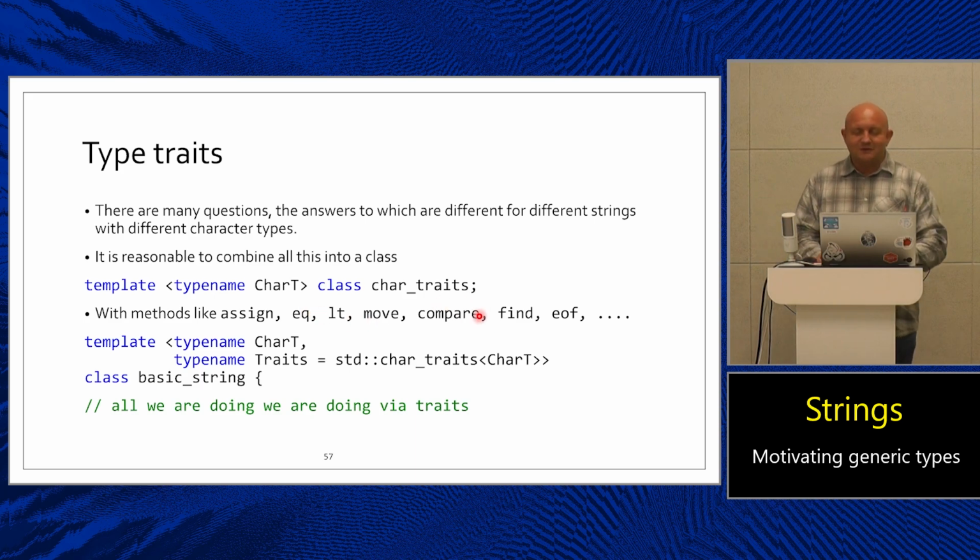And this is an important engineering decision: to make traits part of the string type. The traits contain the methods listed here, and everything done in basic string is now done through traits. For example, for comparison, traits are called.